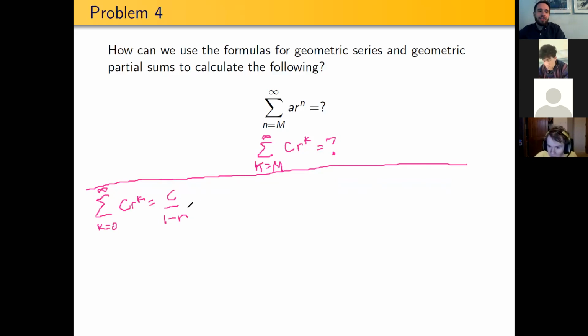That's our formula for the whole series, but we also had this formula: the sum as k goes from 0 to m of c times r to the k is c minus c times r to the m plus 1, divided by 1 minus r.